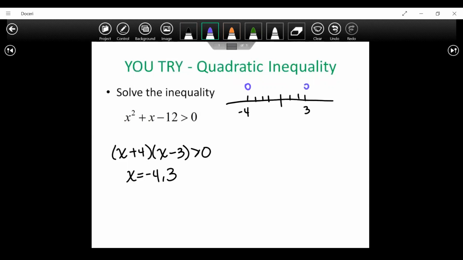Connected or not connected? My interval is going to be negative infinity, comma, negative 4, and what? That's it.